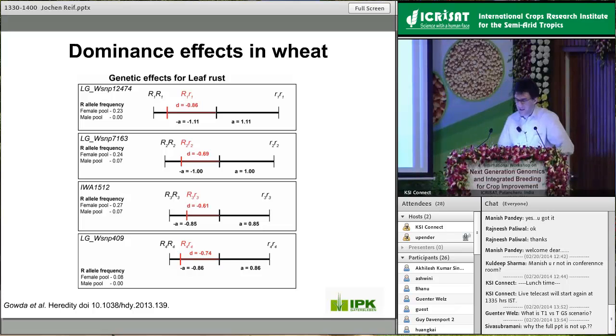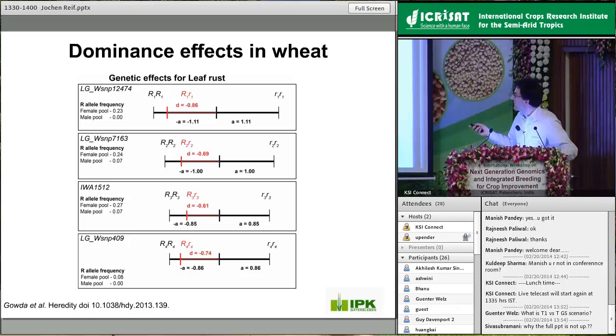And I presented here the results for the trait leaf rust, where we detected 4 major QTLs, and every QTL explained at least 10% of the phenotypic variation. And I used the presentation, which you may be familiar with, which is also used in the famous book of Falconer and Mackay.